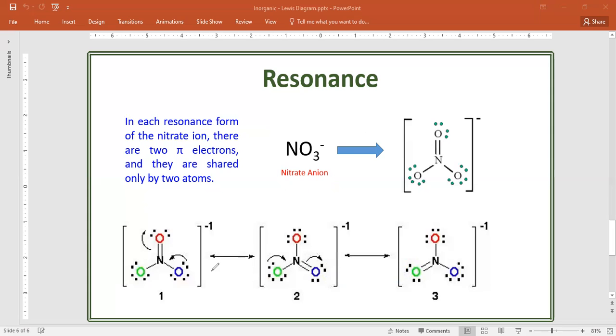And we also put an arrow mark between one Lewis structure and another. The nitrate anion could be like this, could be like this, or could be like this. There are 3 possibilities for the Lewis structure of the nitrate anion. So this is the example of resonance.